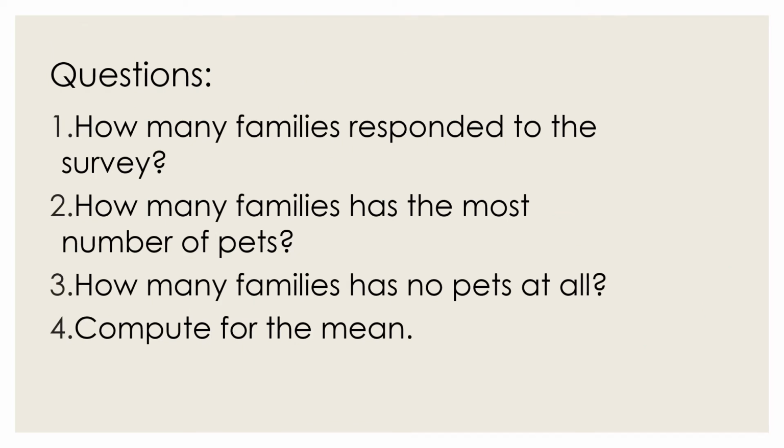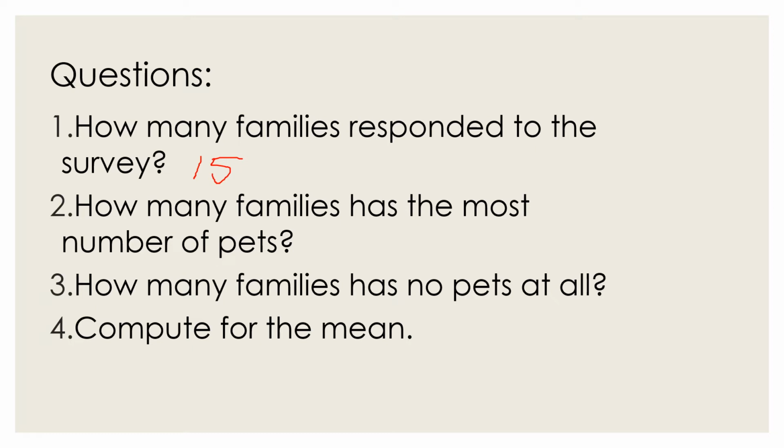Okay, so let us answer the questions that we previously discussed from the solution on the previous slide. How many families responded to the survey? There are 15 families that responded to the survey. How many families have the most number of pets?